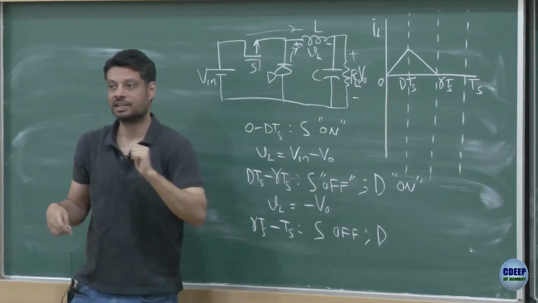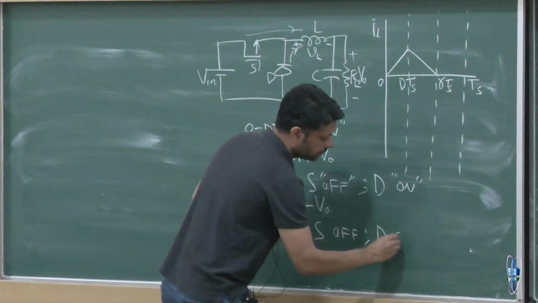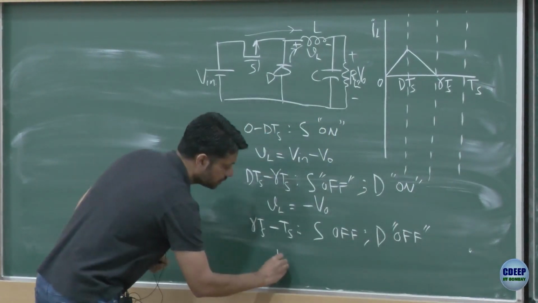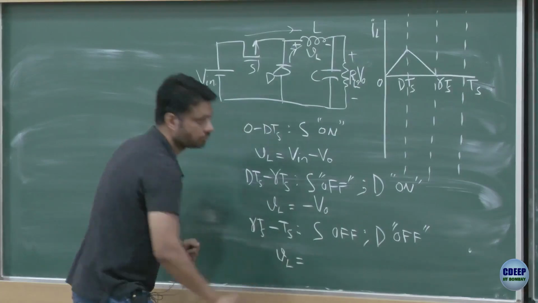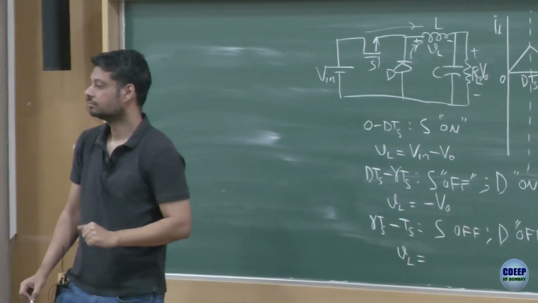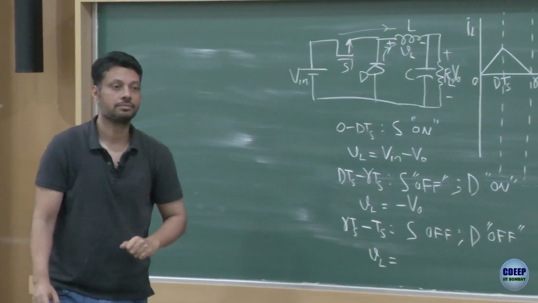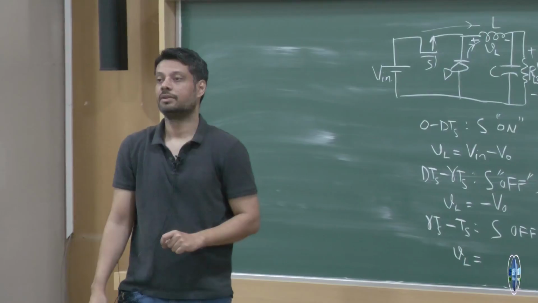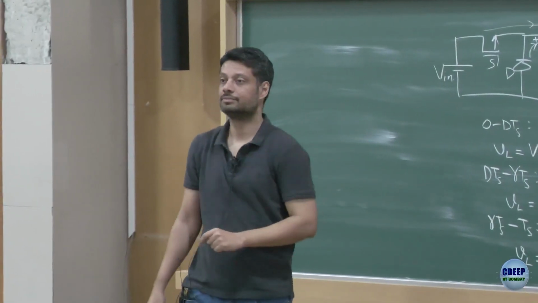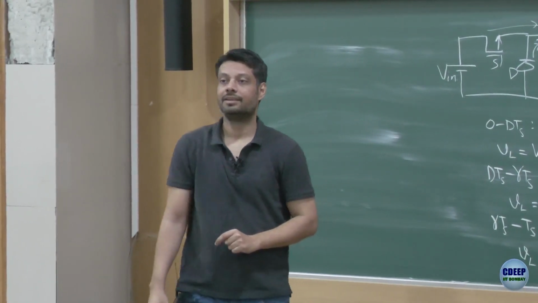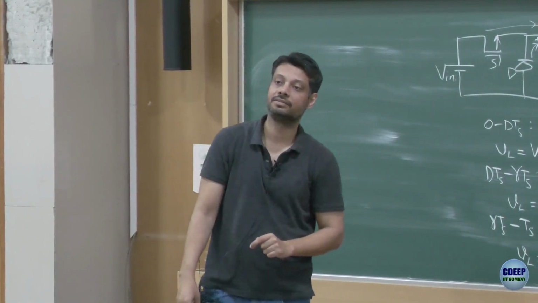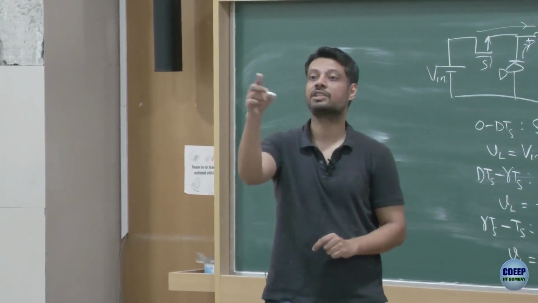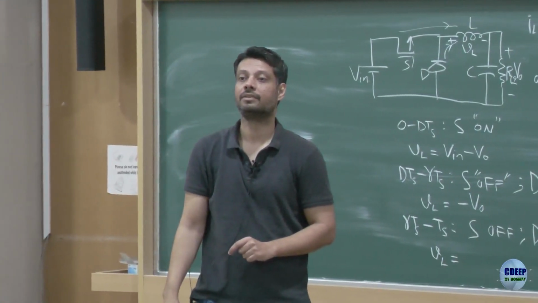What is the voltage across the inductor now? So diode is open, switch is open, what is the voltage across the inductor? 0.